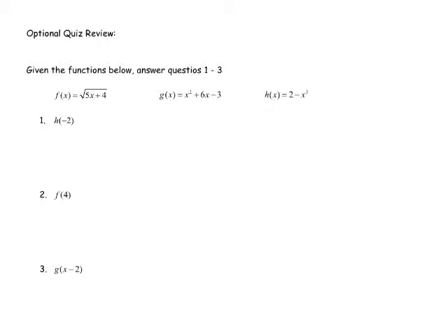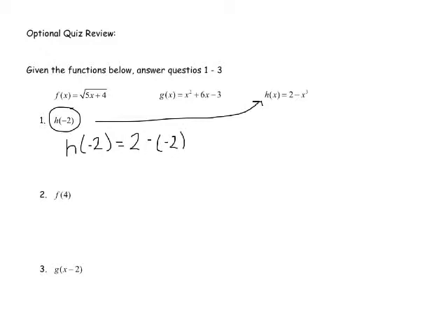So number one, if you want to evaluate h of negative 2, it's an h function, so we're going to go to the h function, and we're going to plug in negative 2 for the x. So 2 minus, and then because I'm going to have to do something with that x, I'm going to put it in parentheses so that I make sure I cube all of that thing right there. So when I do negative 2 raised to the third power, keep in mind what that means.